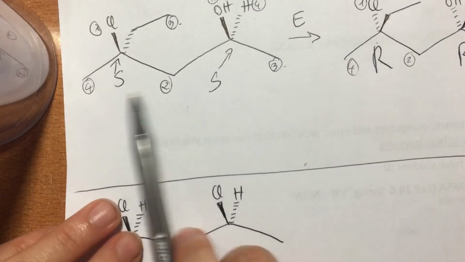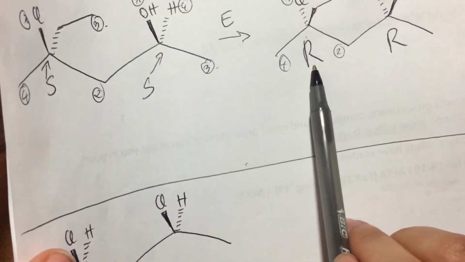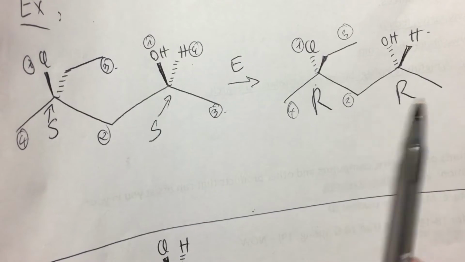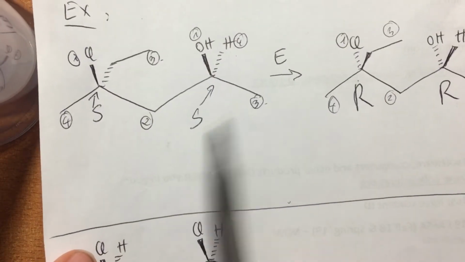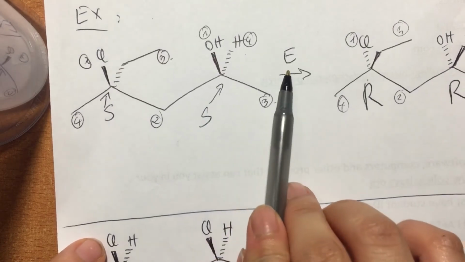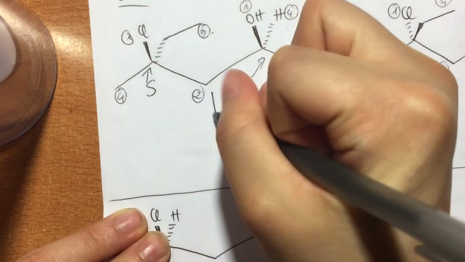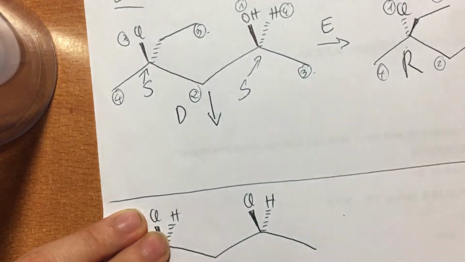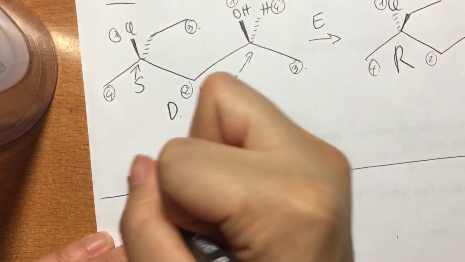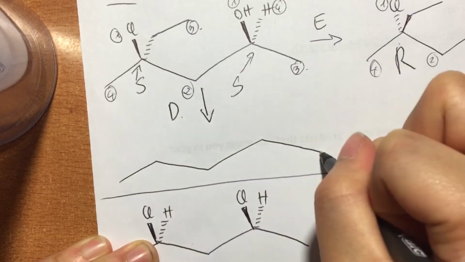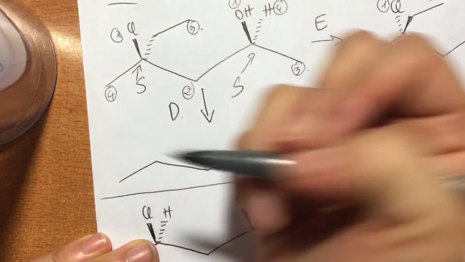So we see that all our S configurations flip to all R configurations. Remember, all of them, not only one or some of them, and all our wedges flip to dashes and dashes flip to wedges. That's how you draw enantiomers. For diastereomers, I will put a D to stand for diastereomers. You only flip one stereocenter and keep the other stereocenter the same.